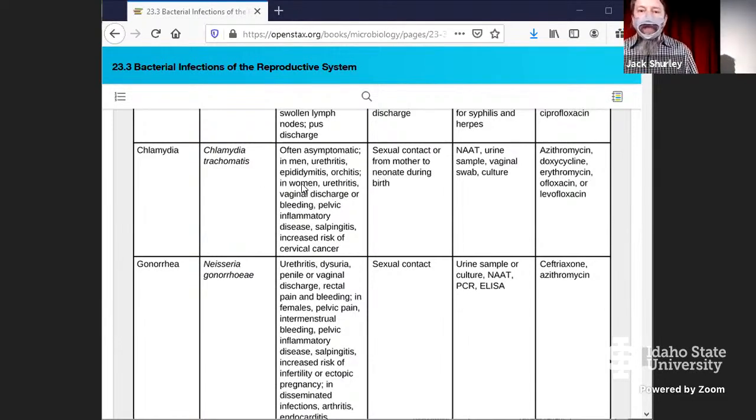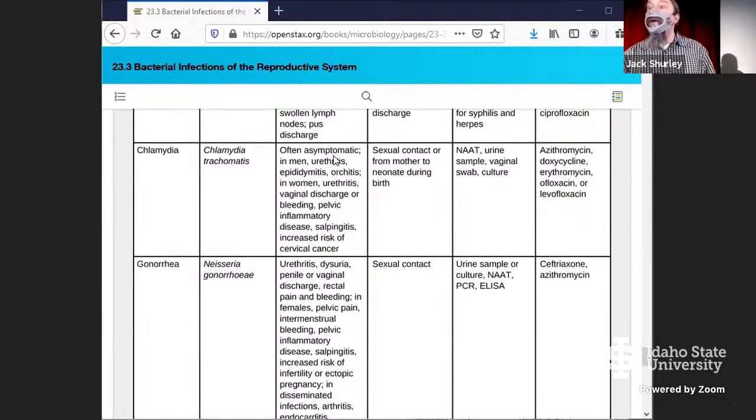So in women, definitely you're going to see some more pronounced symptoms. There are possibilities for it to be asymptomatic in females as well, but it's definitely more common to see that in men, all right? So in women, urethritis, vaginal discharge or bleeding, the potential for pelvic inflammatory disease, non-gonococcal urethritis, salpingitis, and there is an increased risk, and my gut tells me this is something a little more asymptomatic.